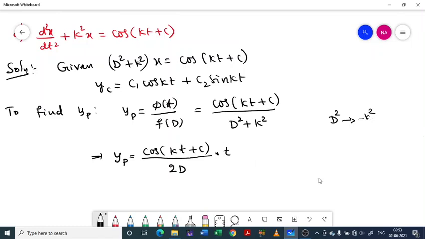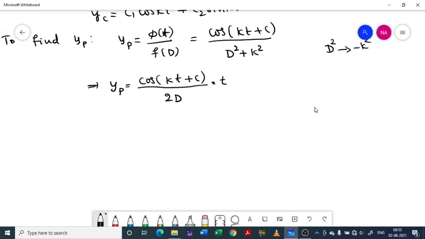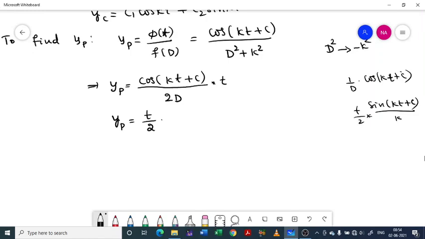Again, there are two ways: either you can integrate or multiply and divide. So it will be t by 2 into 1 by d. If you integrate, it will be 1 by d times cos of kt plus c. It is supposed to be sin of kt plus c divided by k. So you get this answer into t by 2. This is one way.